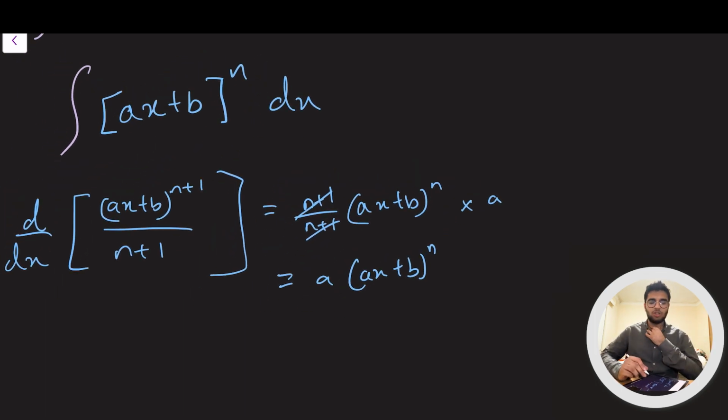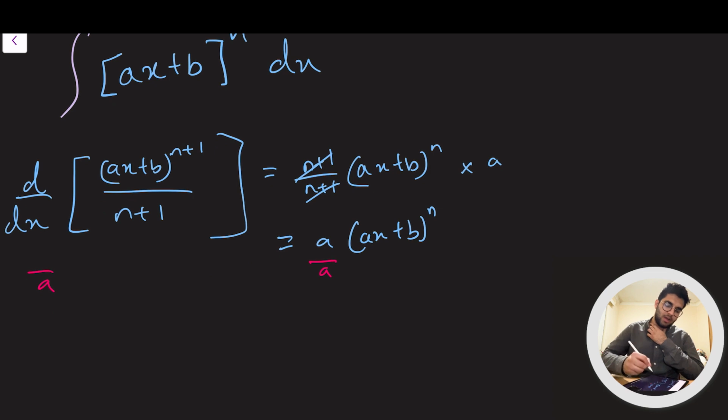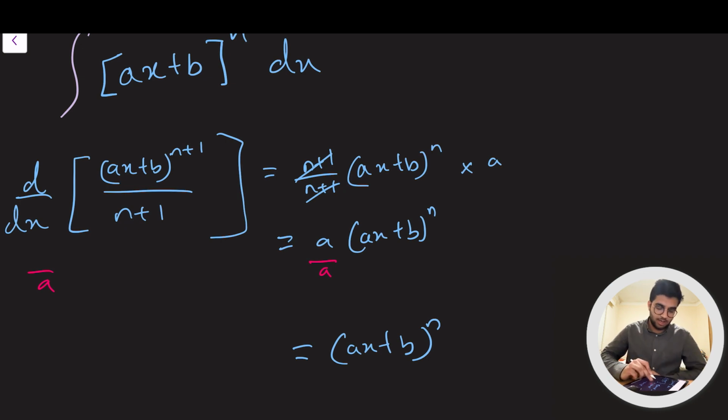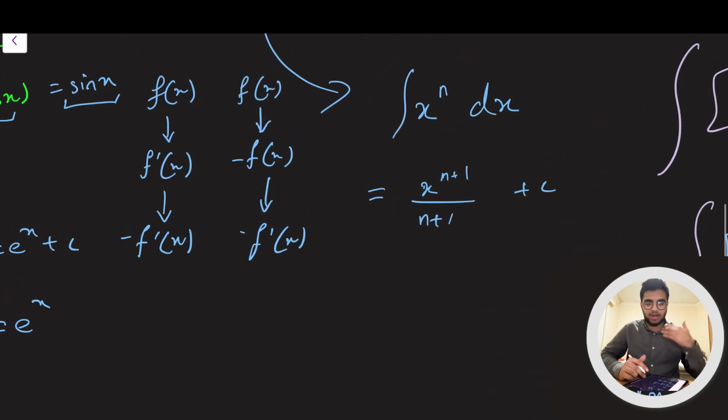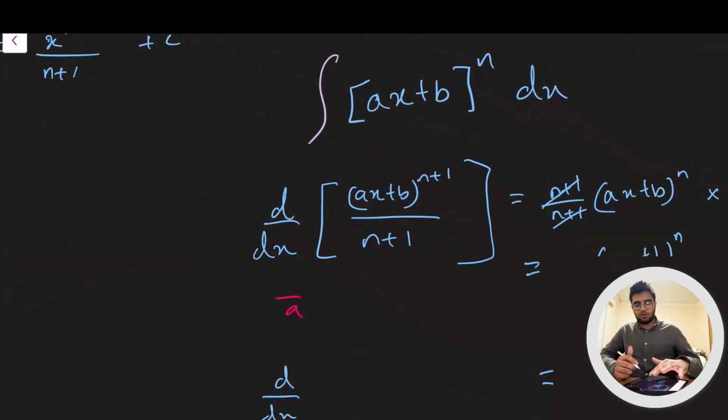Luckily, it's only being multiplied by a constant, so we can just divide both sides by a, and we'll get ax plus b to the power of n on this side, as we need, and on this side we'll get d on dx. Well, the 1 on a would be outside, but like I said before, when we're looking at the negatives, it doesn't matter if you differentiate and then multiply, or multiply and then differentiate, you get the same thing.